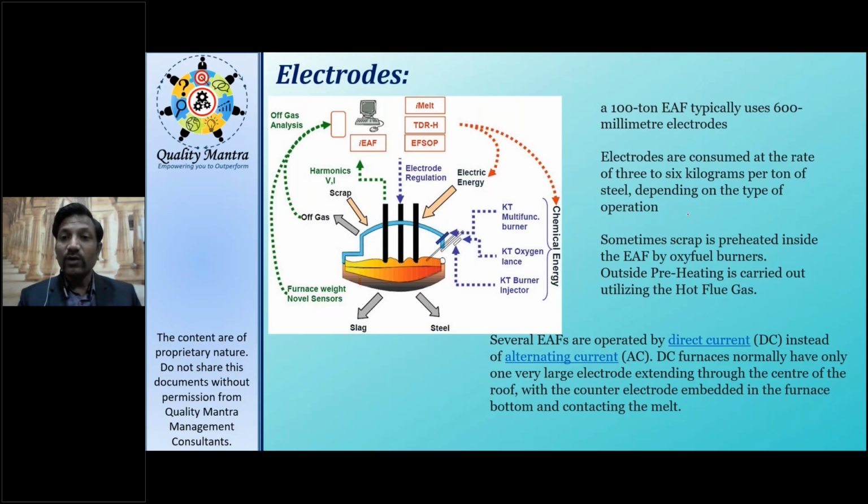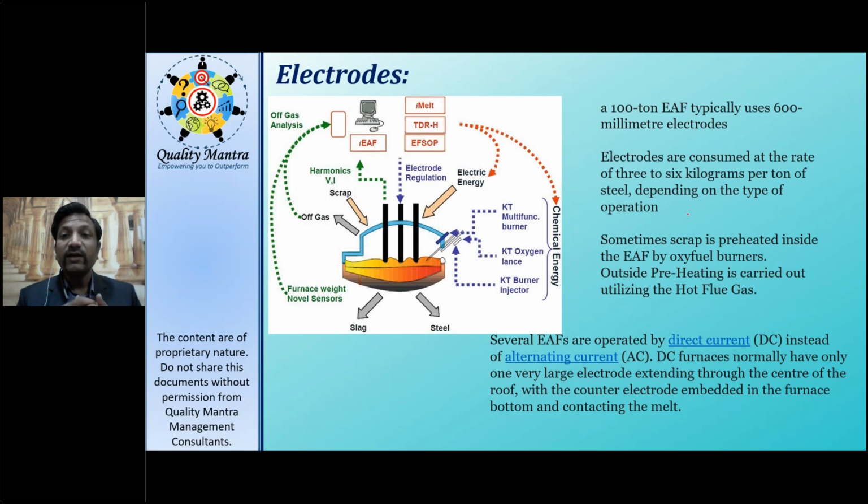And what is the consumption rate of the electrode? It will be consumed at around 3 to 6 kilogram per ton of steel. So every ton of steel will consume electrode at a rate of 3 to 6 kilogram. Again, it depends on the type of the operation, what the kind of operation you are doing.